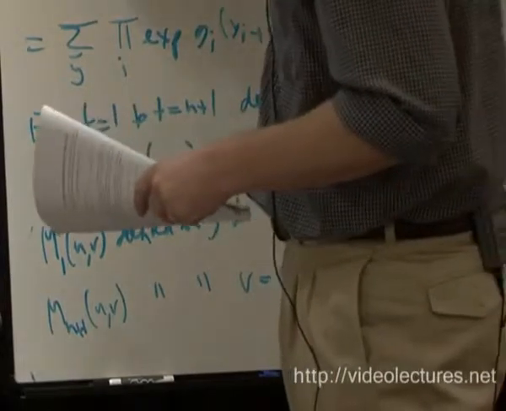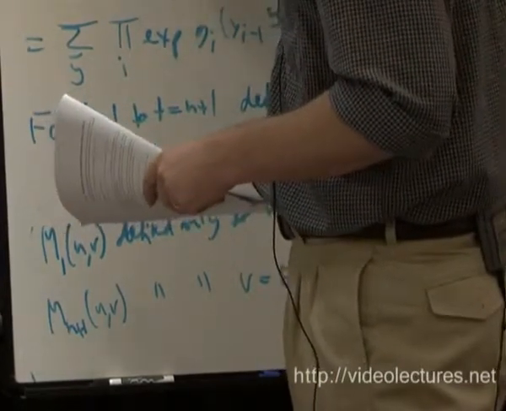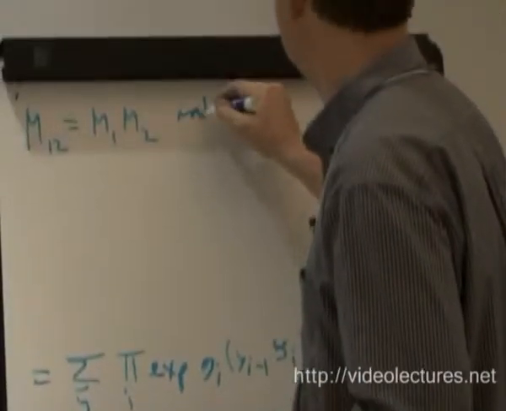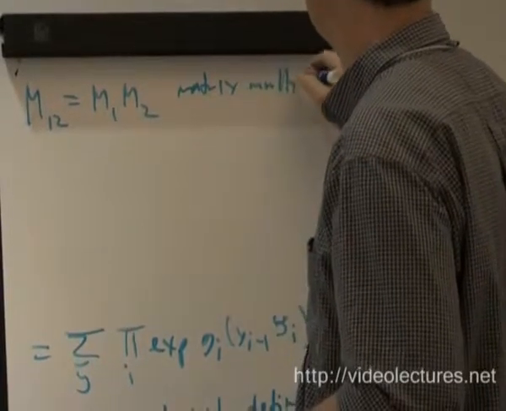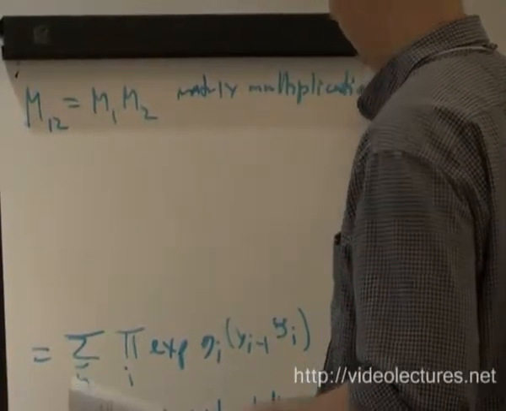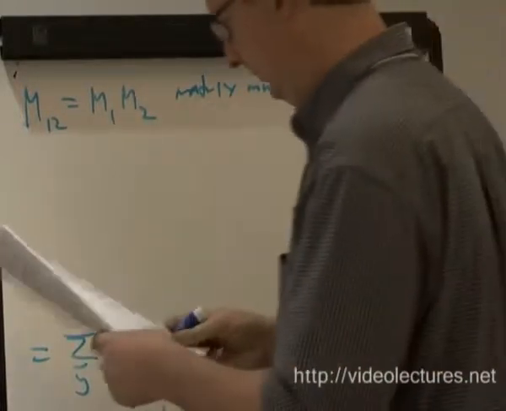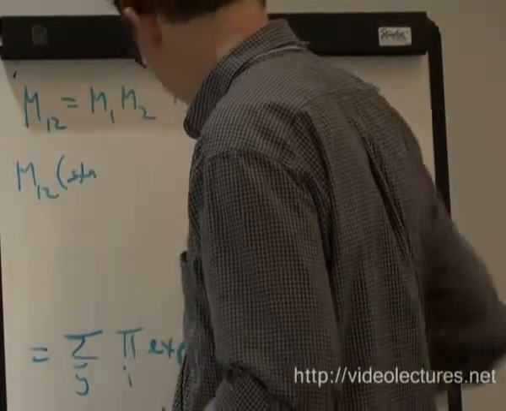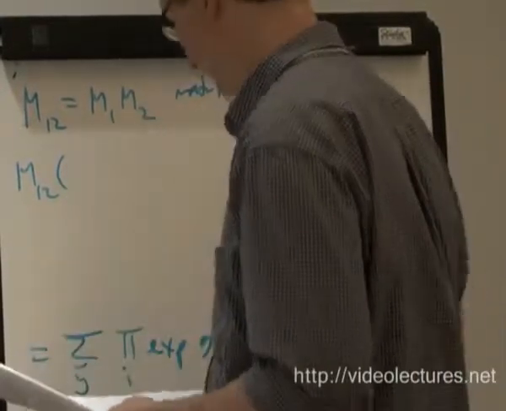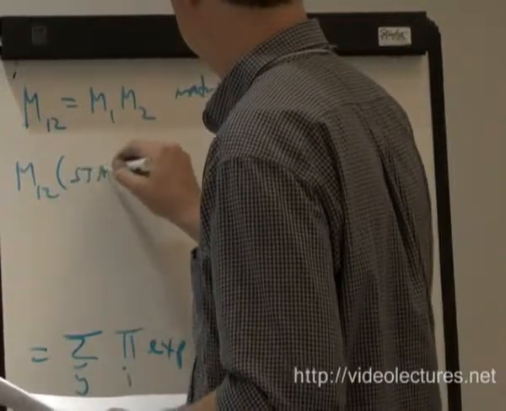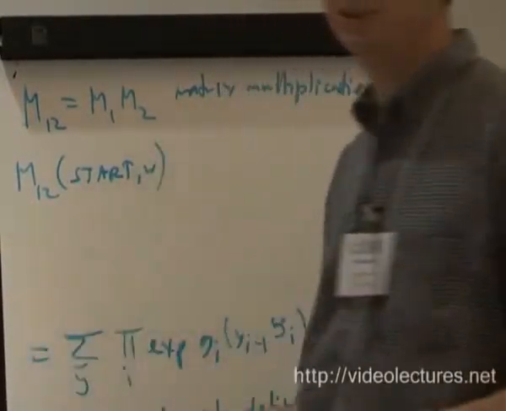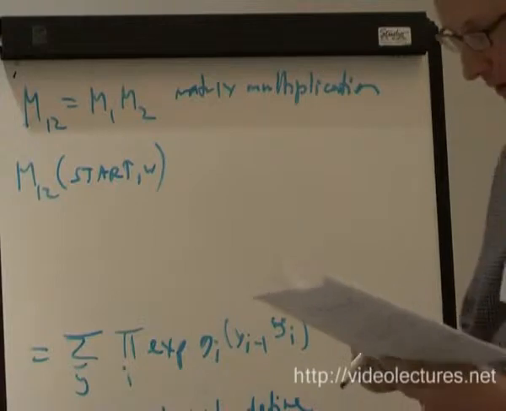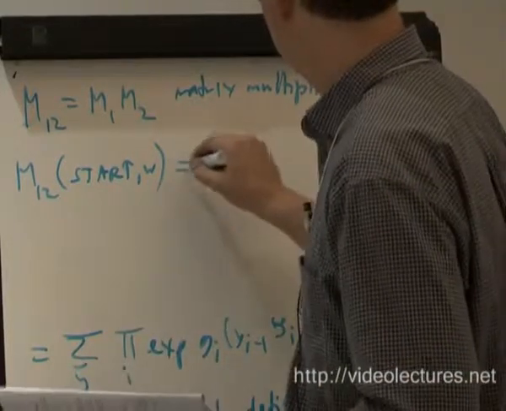Okay, so define M_12 to be the matrix M_1 times the matrix M_2, matrix multiplication. So consider M_12 of start and w. So this is a single entry in the M_12 matrix.